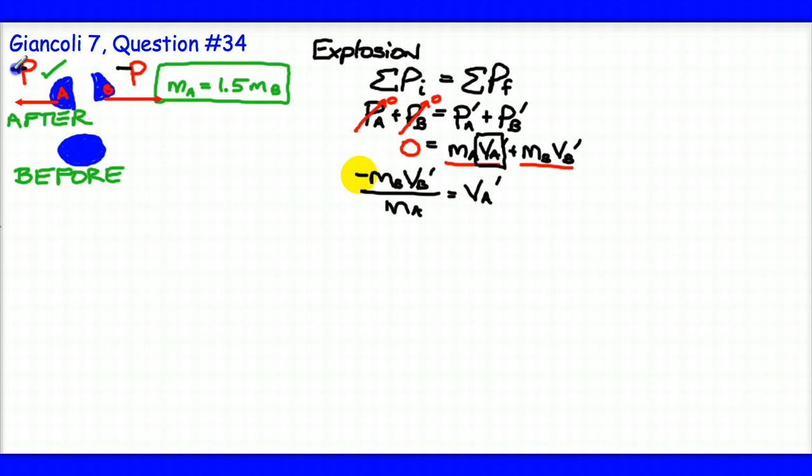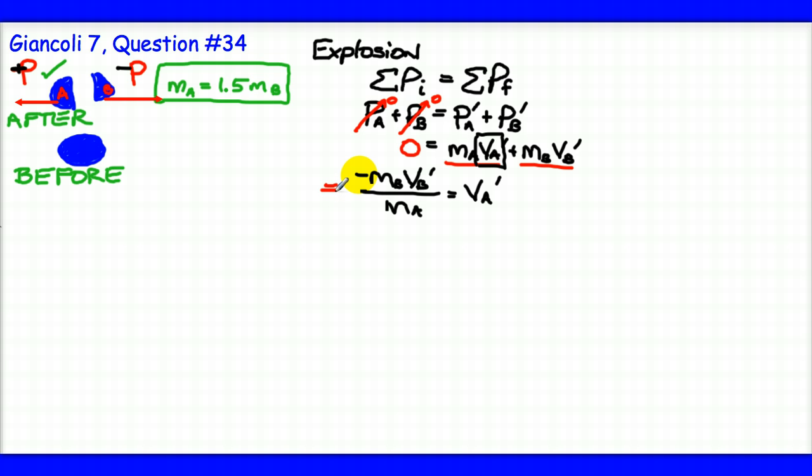If we put some numbers to this now, the mass of A is 1.5 times the mass of B. Oops, what I meant to say is that the mass of A is 1.5 times the mass of B. Now I'm ready to do some substitutions in this expression.